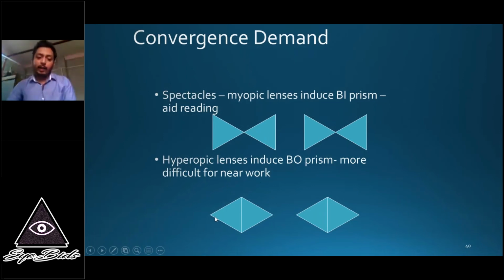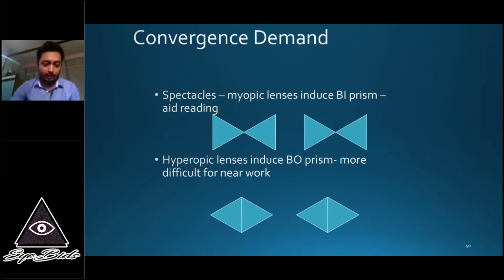Whereas in a hyperope patient, previously it was very difficult, because the image and the eyeball were going in the same direction. But now there is no prismatic effect, so they will move their eye a little bit when wearing the contact lens and find the image.